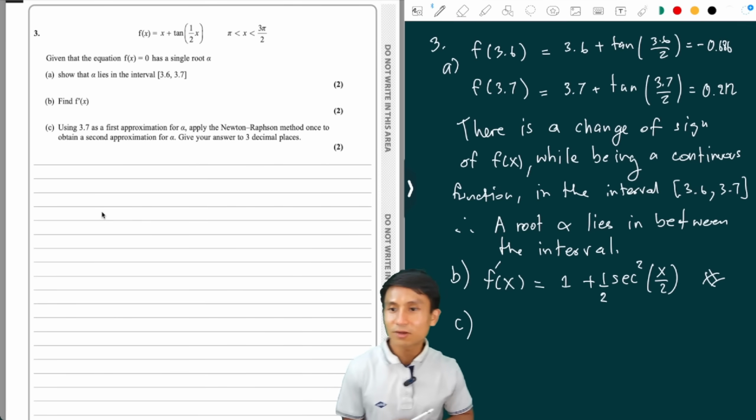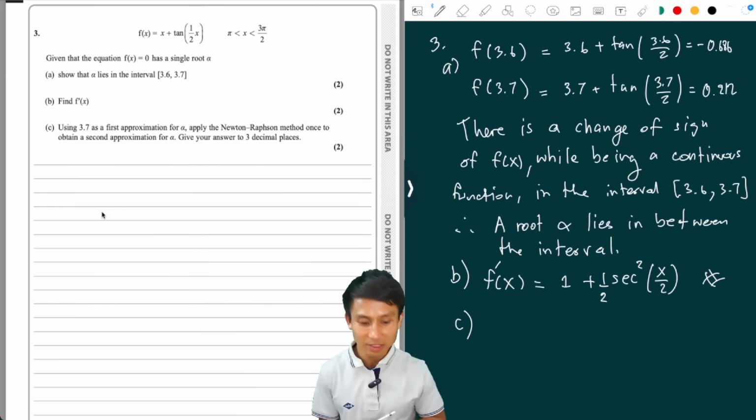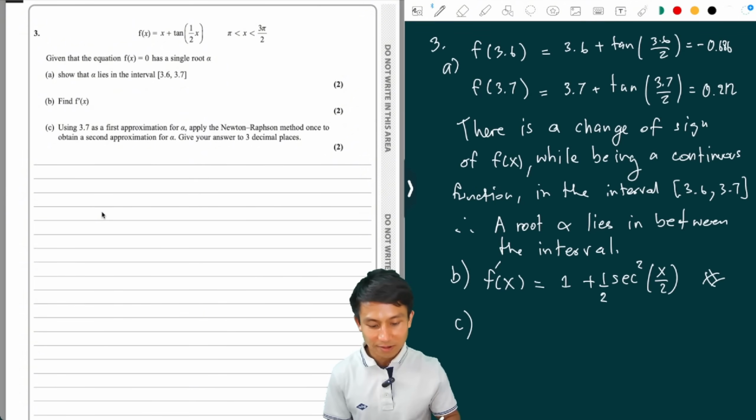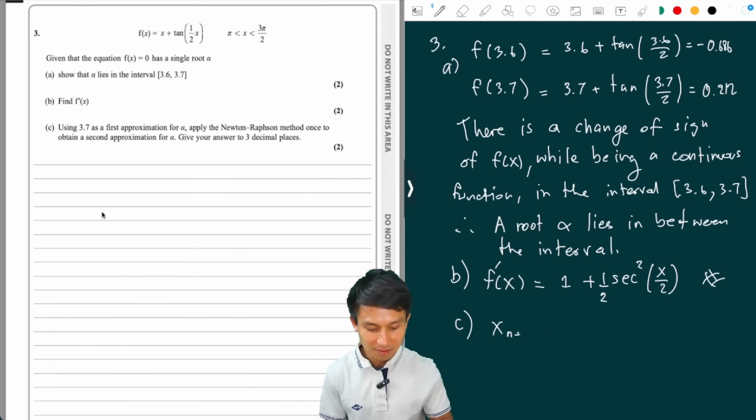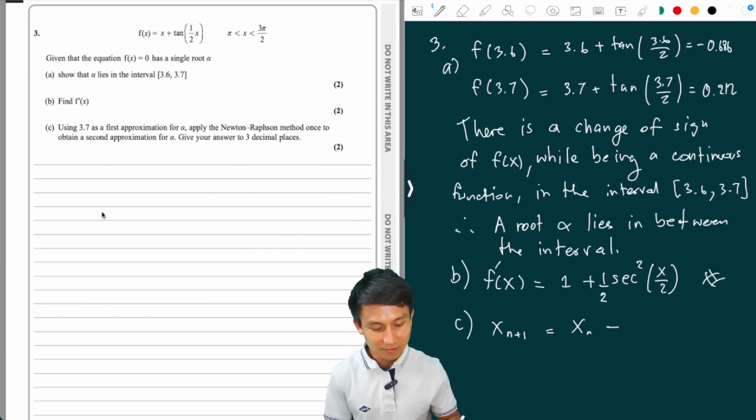Using 3.7 as the first approximation for alpha, apply the Newton-Raphson method once to obtain a second approximation. So the Newton-Raphson method is saying that x(n+1) would be equal to x(n). Wait, actually I might forget. Is it this? f(x_n) over f prime x_n, plus 1.